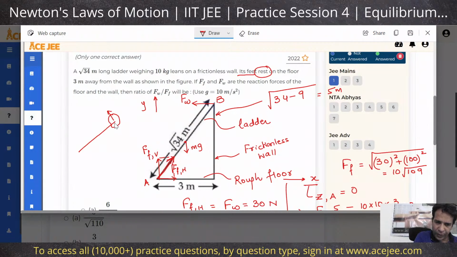So if you were to zoom into this contact area, you will see that the ladder actually has some radius of curvature at that point. Okay? And wall is tangent to that. The reaction force is always perpendicular to the wall if there is no friction. If there is no friction, then the reaction force is perpendicular to the wall. The normal force is perpendicular. Okay, let's move on.